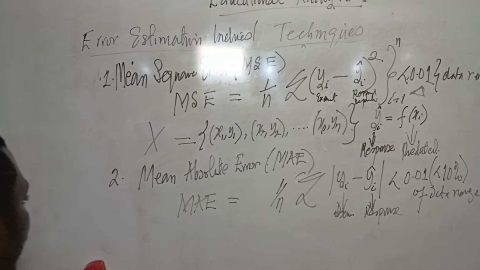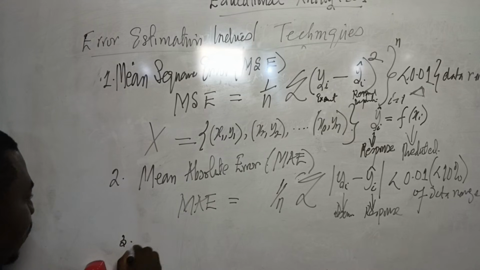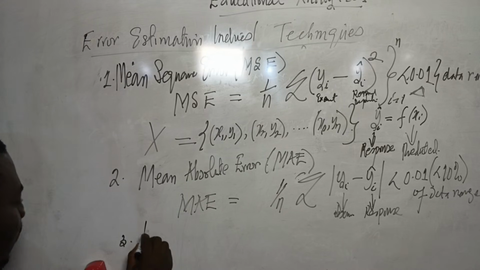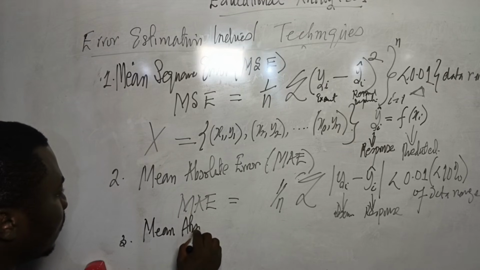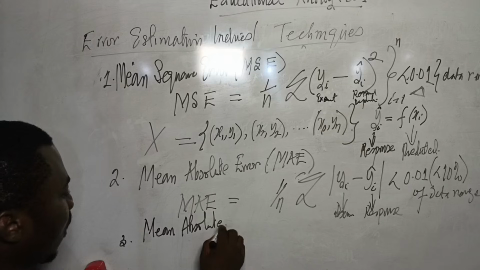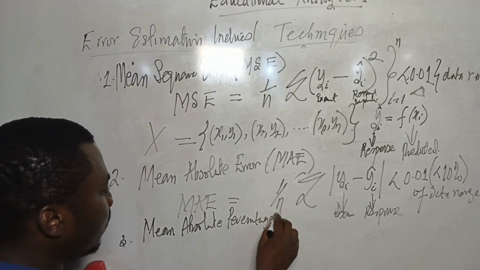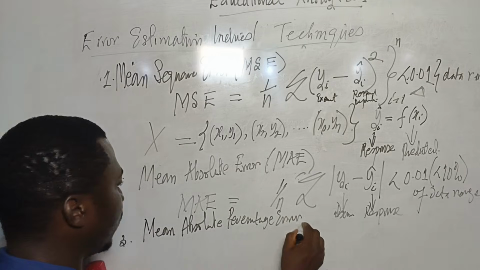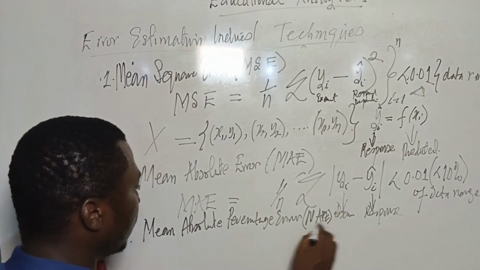Now, the next one is the mean absolute percentage error. You can consider it as number 3, the mean absolute percentage error.